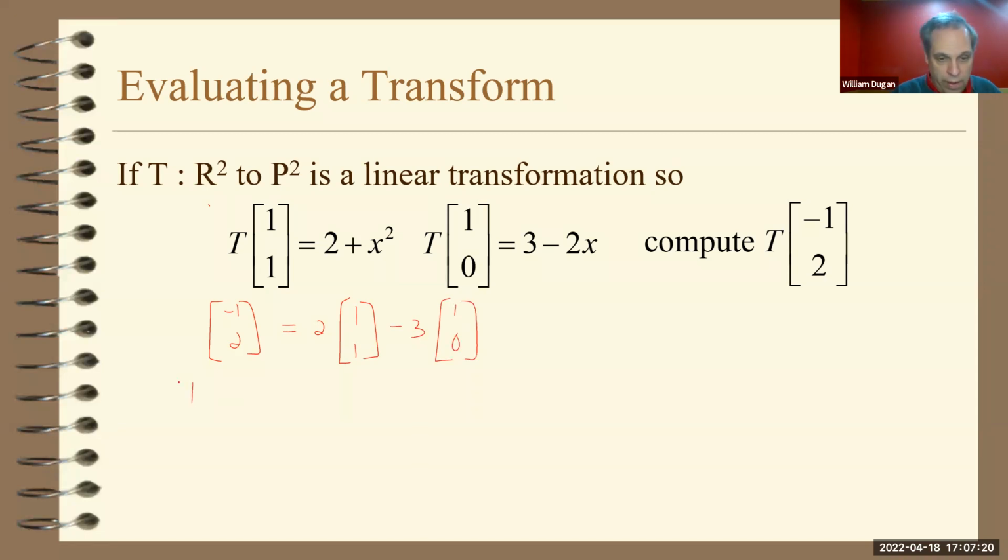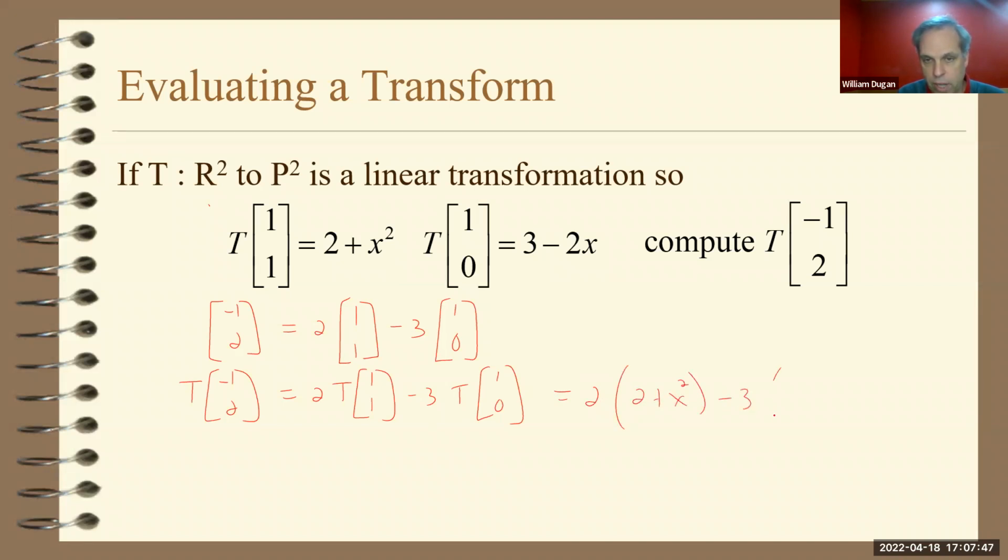So if I want to find the transformation of (-1, 2), it would be the transformation of that linear combination, but the transformation distributes right through everything because it's a linear one. You're assuming it is. So it'd have to be 2 times the transform of (1, 1) minus 3 times the transform of (1, 0). And we know what those things are. That would be 2 times (2 plus x squared) minus 3 times (3 minus 2x). And you're welcome to go ahead and just add that up.